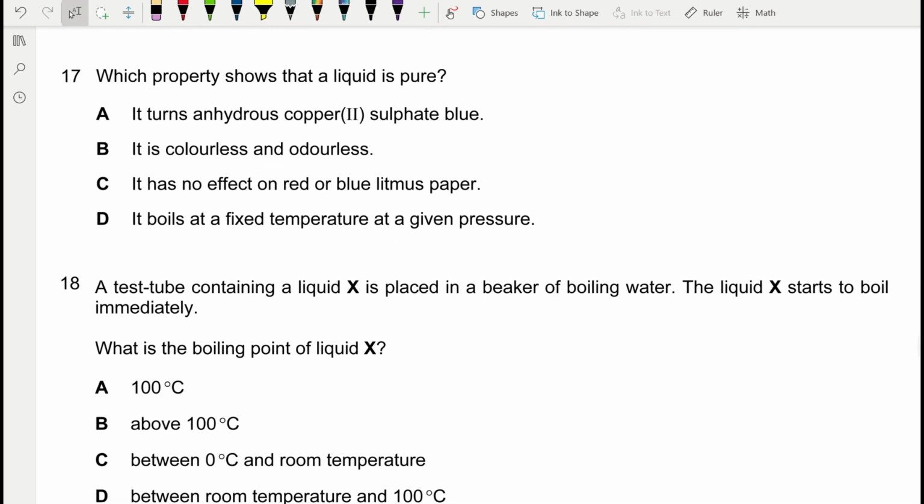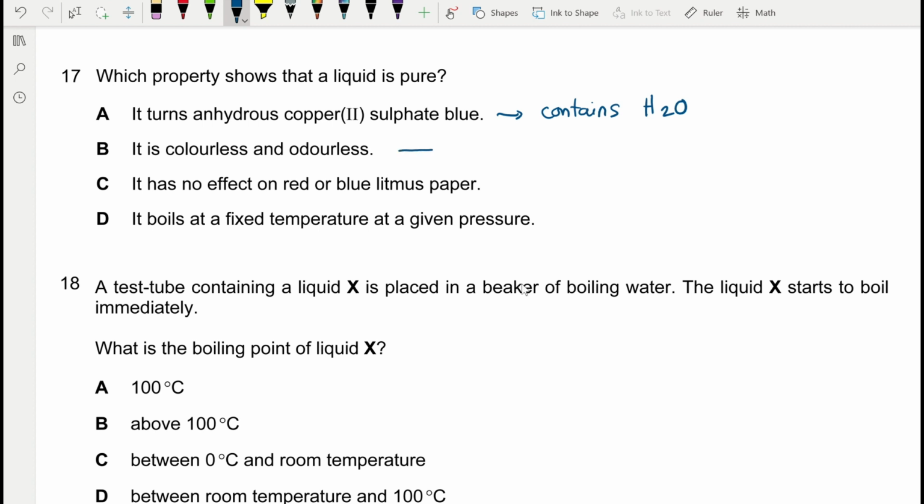Question 17. Which property shows that a liquid is pure? Option A. It turns anhydrous copper sulfate blue. This tells us that the liquid contains water, but it doesn't tell us whether or not the water is pure. Because as long as there is water there, then anhydrous copper(II) sulfate will turn blue.